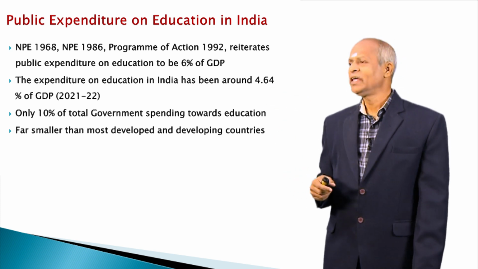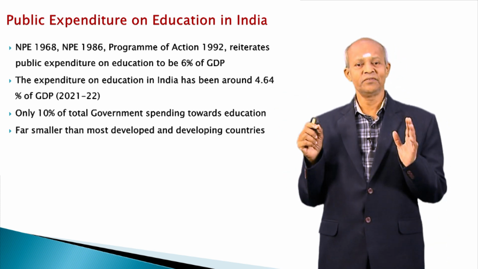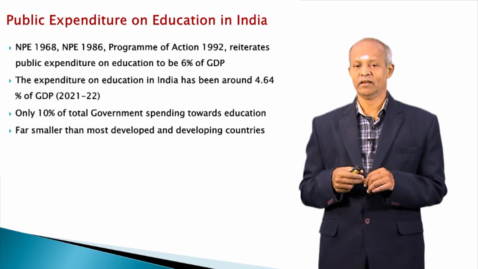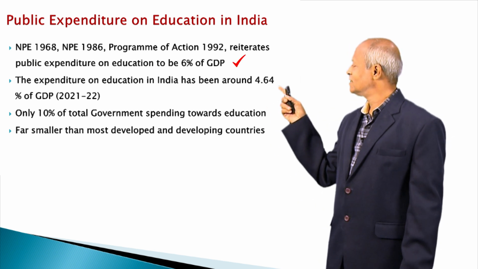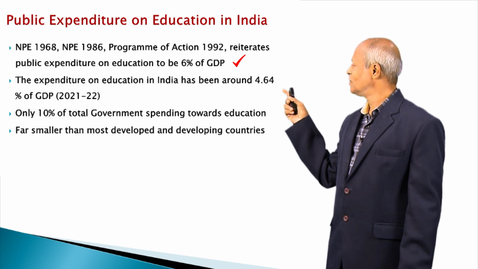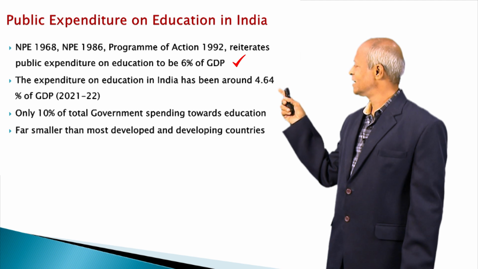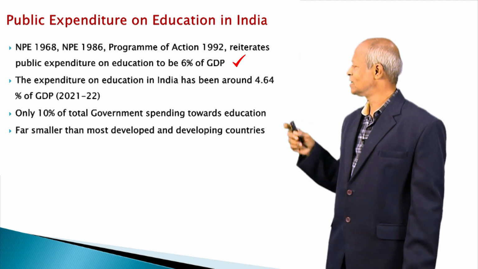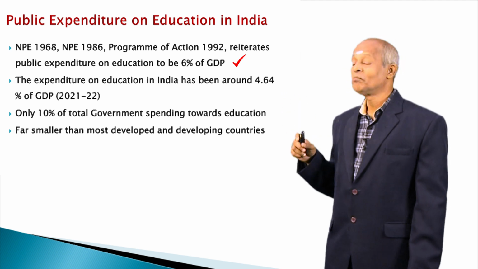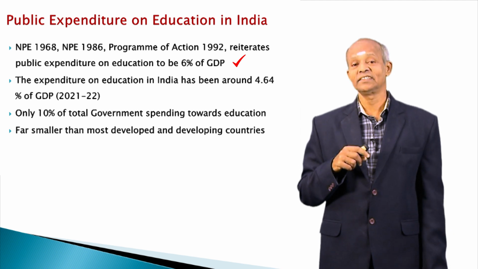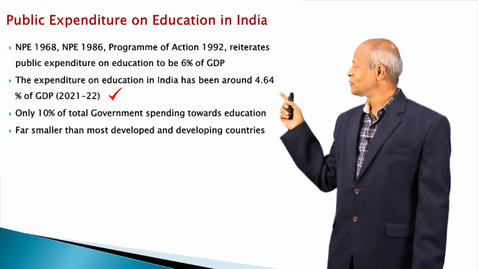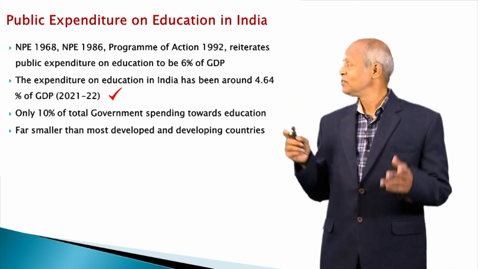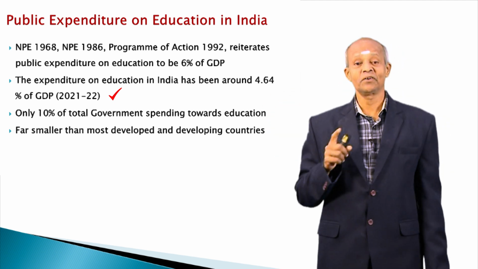Now, coming to public expenditure, how much are we spending every year? The NPE 1968, NPE 86, POA 92, all reiterate public expenditure of at least 6% of the GDP, but to your surprise, hardly, in the year 2021-22, it is 4.64% only.